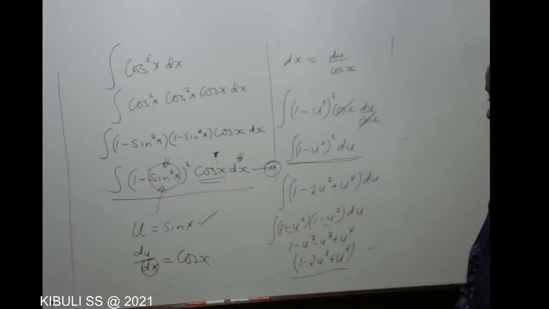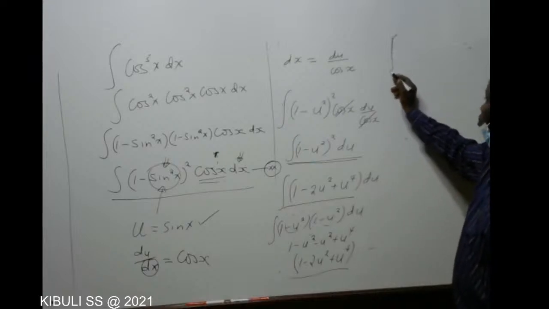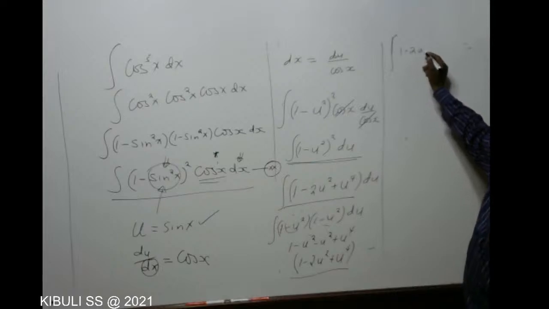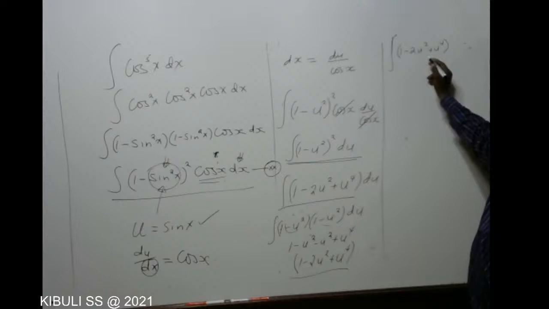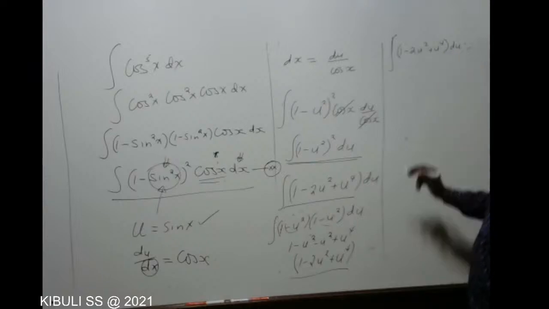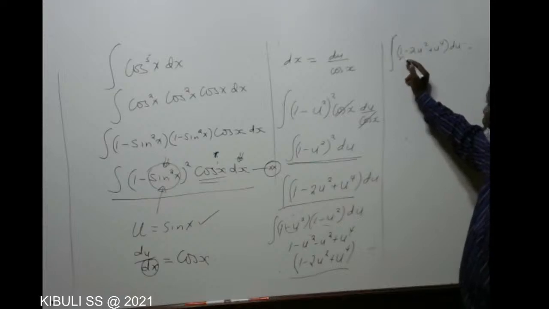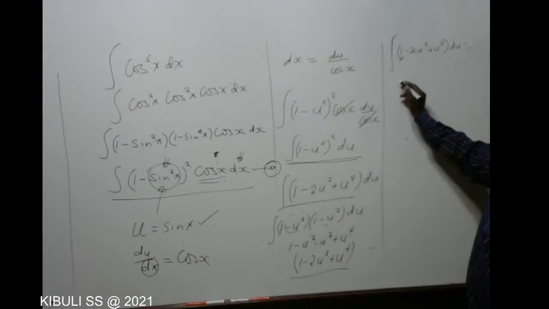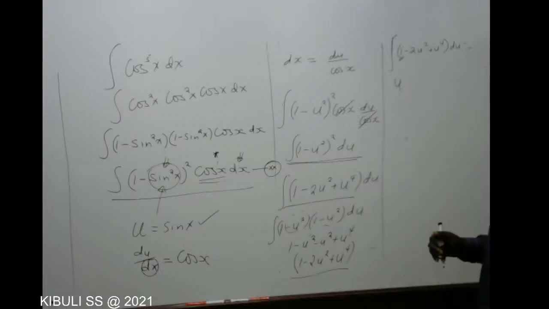Then from that point, now we are here. We are integrating 1 minus 2u squared plus u power 4 du. Look at the integral of 1. What do we get? That gives us u.